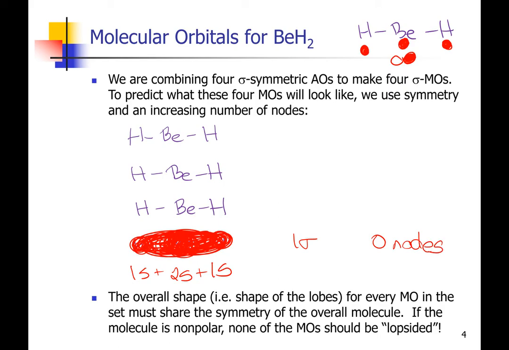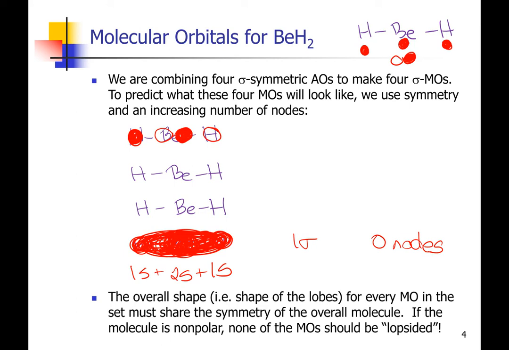So if I want to make the highest energy combination that I possibly can using those atomic orbitals of beryllium hydride, I'm probably going to start with the 2pz rather than the 2s because it has an extra node and more nodes means higher energy. And then I'm going to combine it out of phase with the 1s orbitals on each hydrogen. So if I have my 2pz drawn like this, then in order to maximize my number of nodes, I would be pulling in the 1s on hydrogen out of phase to the lobe on the 2p that it's adjacent to, and the 1s on the other hydrogen, again, out of phase.